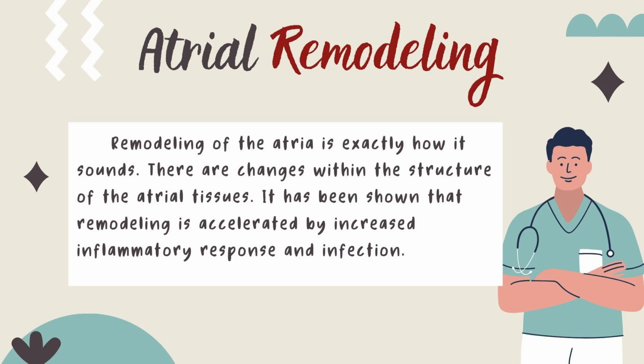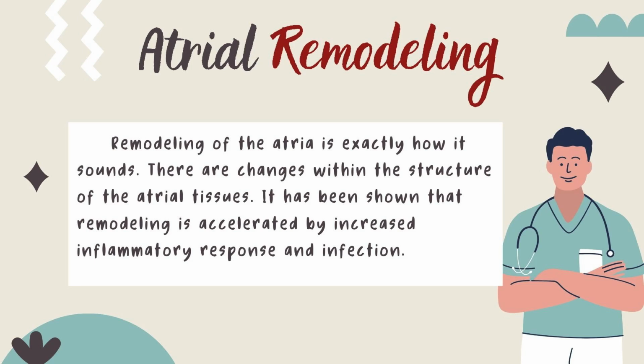So you have things that factor in, like heart failure, hypertension, if you've had an MI, persistent tachycardia, things such as infections, inflammatory responses in that myocardial tissue. All those things over time change the structure of that tissue and how it's laid out.